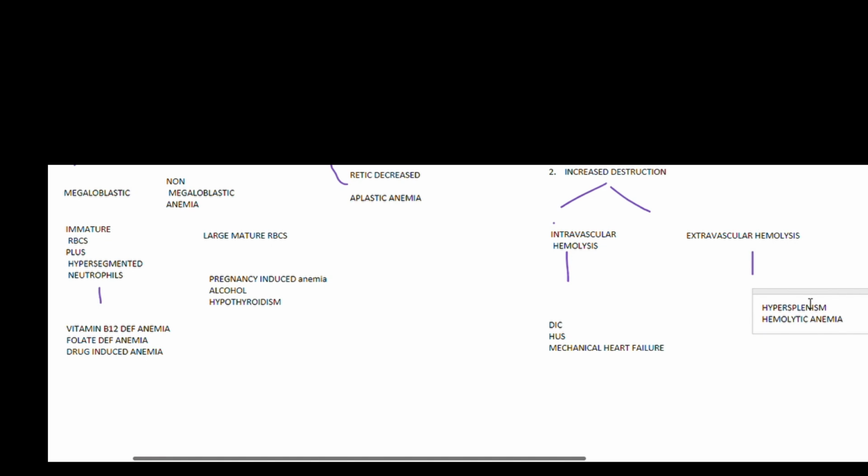Okay, so hemolytic anemia can be further classified into the inherited or acquired. So inherited hemolytic anemia includes sickle cell anemia, or hereditary spherocytosis.